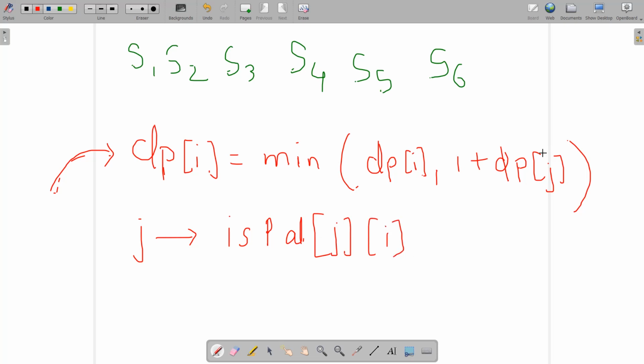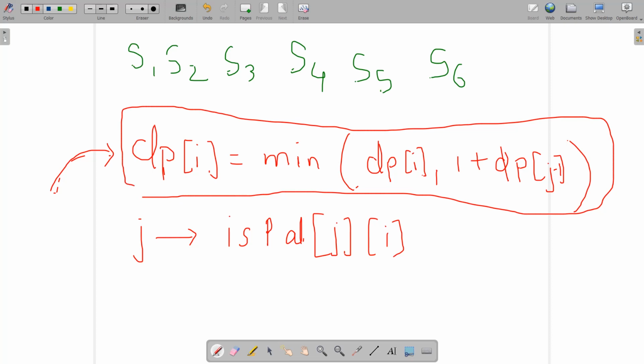So I need to write down one thing. This is dp of 1 plus dp of j minus 1. Now I will do this minimum operation for those j where the string starting from j to I is a palindrome. Suppose that j is over here and I is over here.